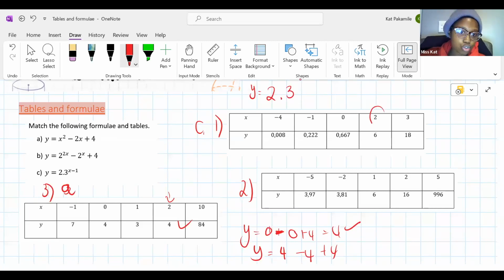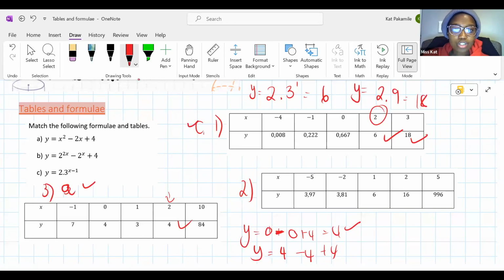Let's try it with 2. 2 minus 1 is 1, which is 6. Okay, 1 is correct. Y equals 2 times 3 to the power of 2 minus 2 is 9, which is 18. That's correct. Beautiful. So 1 is C.